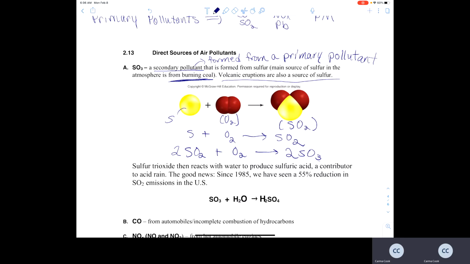We've got 2 on each side. So that's how SO3, a secondary pollutant, is formed. It's formed from SO2, which is a primary pollutant.